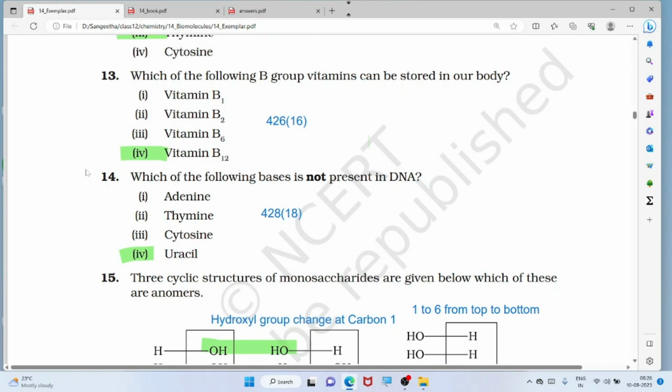Which of the following B group vitamins can be stored in our body? This is vitamin B12.